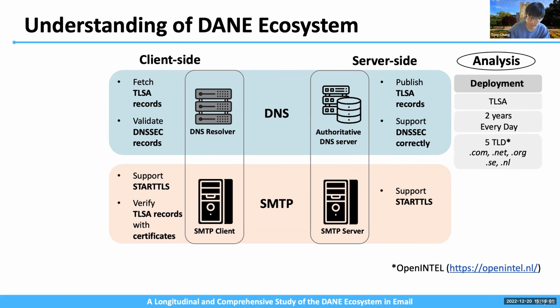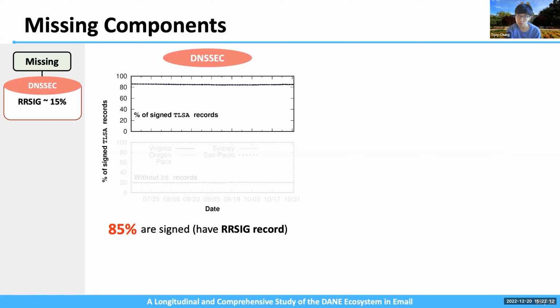So let's compare them from a different angle. The top graph is again the percentage for supporting DANE correctly. You have to support DNSSEC, right? And the percentage of signed TLSA records is over 80%, which means they are signed, they have signature records.